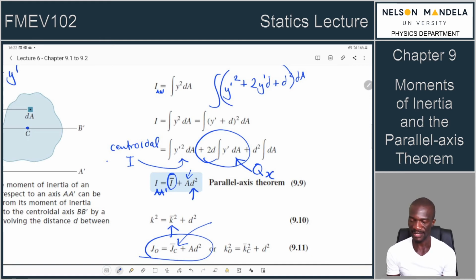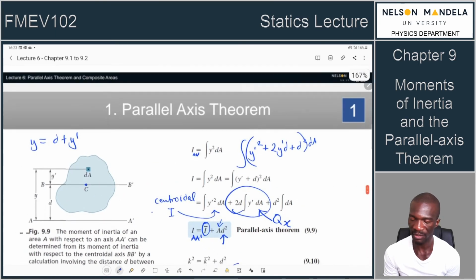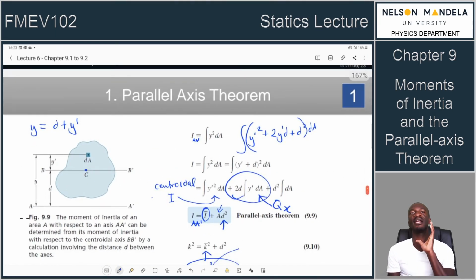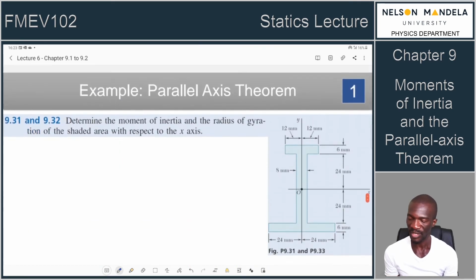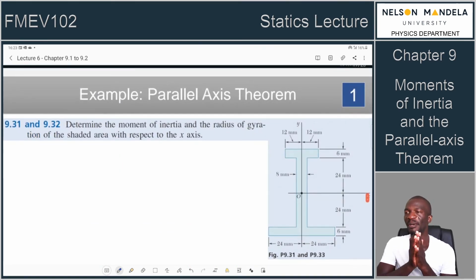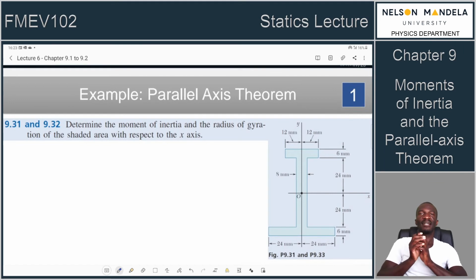So basically, this is what we are seeing in these equations, the definition of the parallel axis theorem. So we are not going to be interested in other parameters. We can just use the parallel axis theorem.